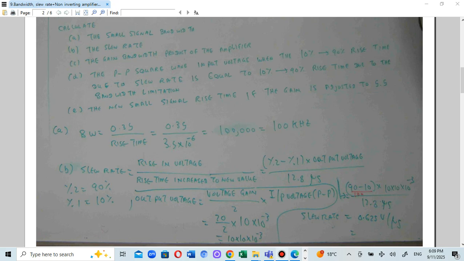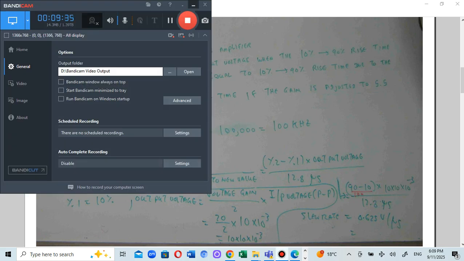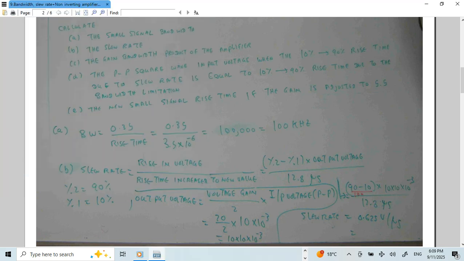The voltage gain is already given here. Voltage gain is 20, so this is 20 by 2, multiplied with the input voltage P2P. The P2P input voltage is already given, which is 10 millivolt P2P.